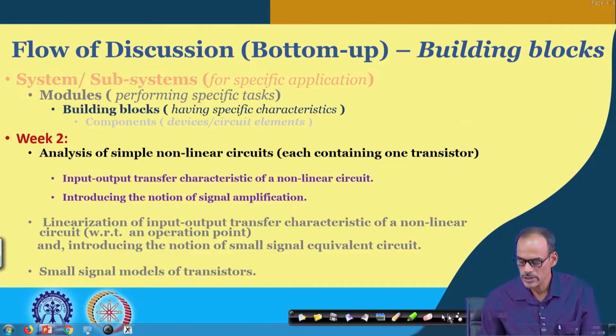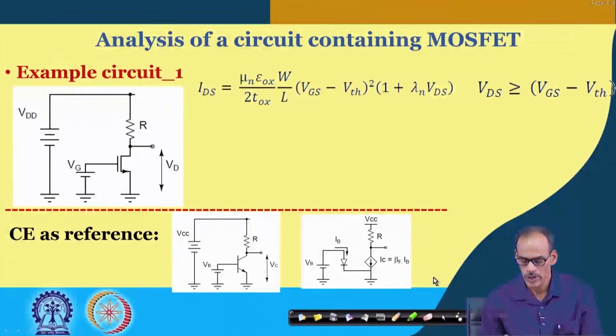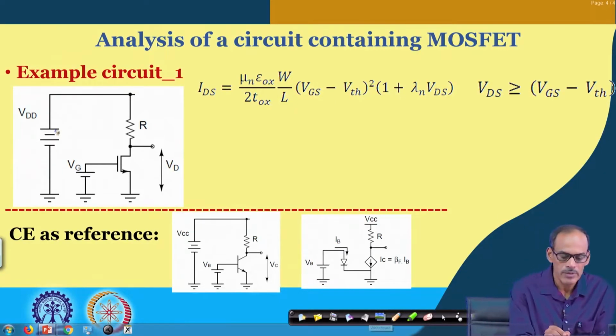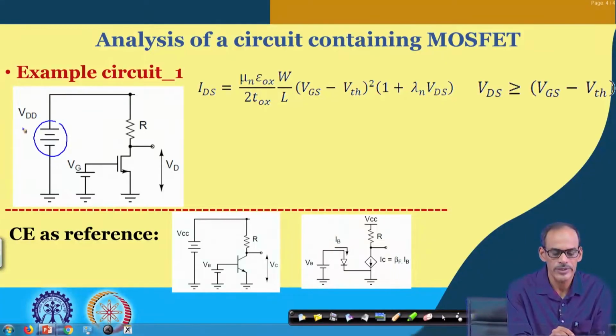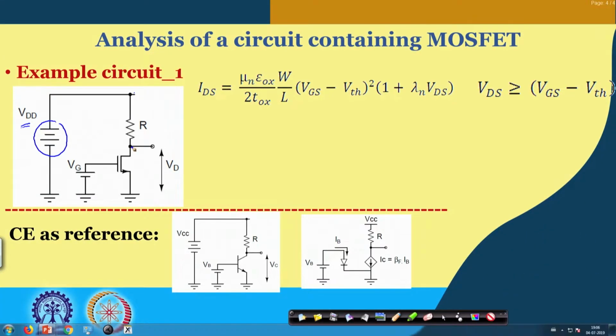So, let us see the basic circuit configuration. Here we have the example circuit, which we call example circuit 1, and you see we have the main DC supply voltage VDD, which supplies the drain of the transistor through resistor R, normally referred to as the load, and at the gate we are applying VG.